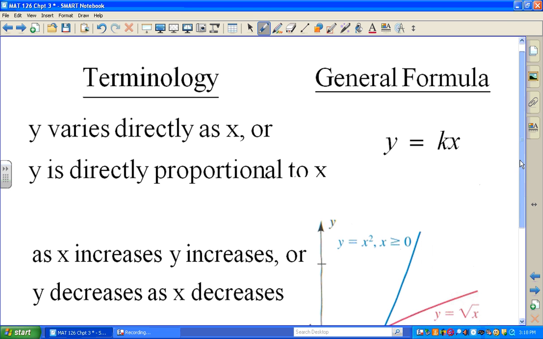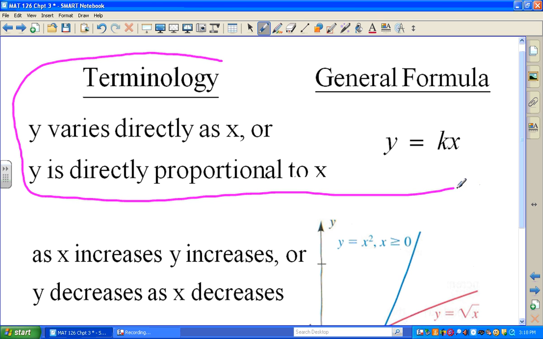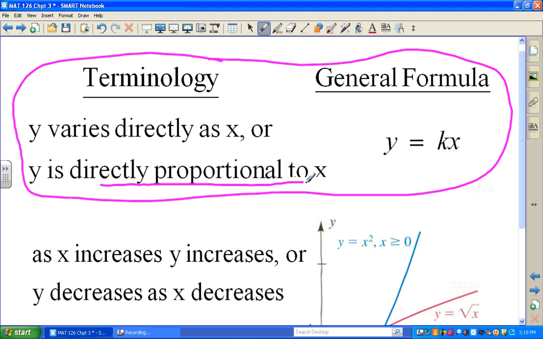Terminology is just as I said. That's in your textbook. Y varies directly as x equals y equals kx. Another key word I said was proportional to x. This is the main idea. Y equals kx. K is your slope.